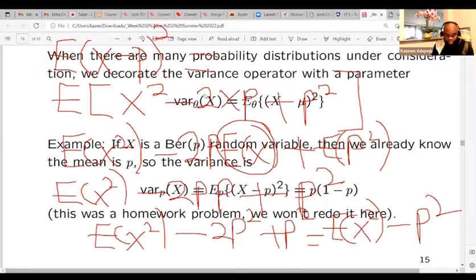And let me tell you, in the Bernoulli distribution, the expected value of x raised to the power k is equal to p. What do I mean? The expected value of x is equal to p, the expected value of x squared is equal to p, the expected value of x cubed is equal to p. So here I'm going to plug in p minus p squared.